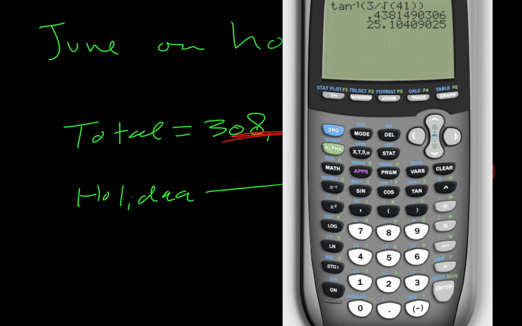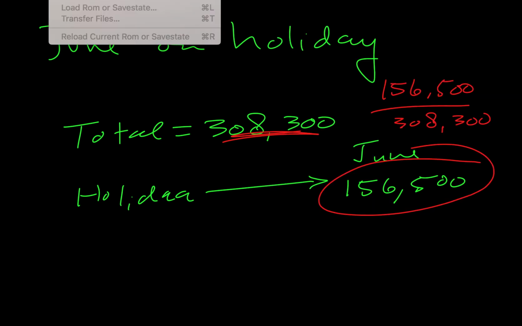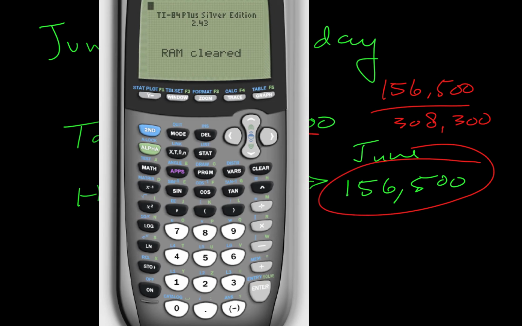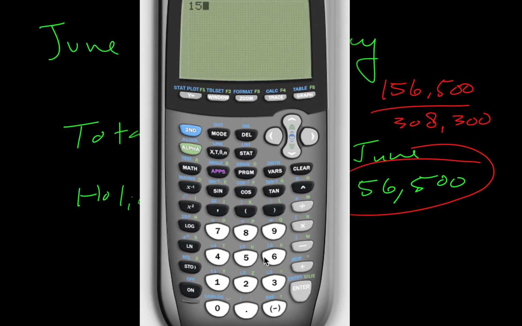Go to our calculator. So 156,500 divided by 308,300, and we get 0.508.